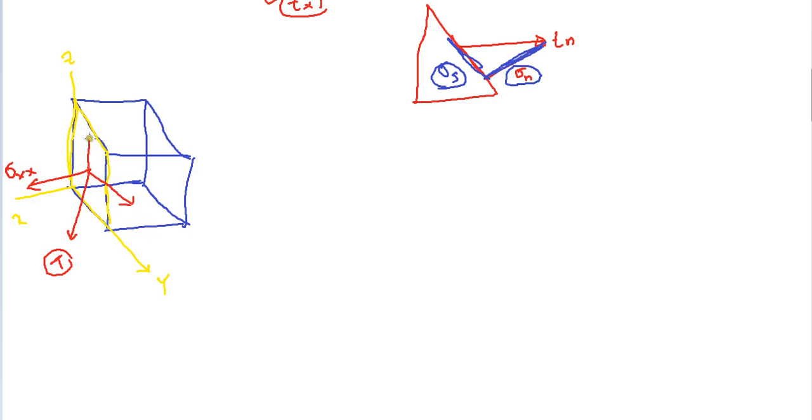So these are the y direction and the z direction. These components would be sigma x z and sigma x y.